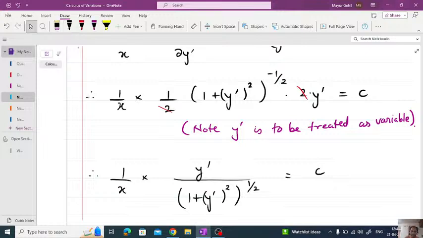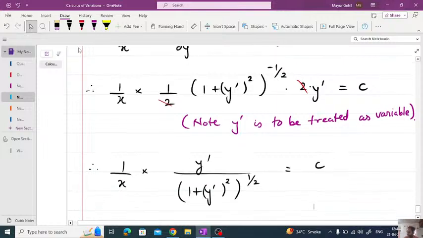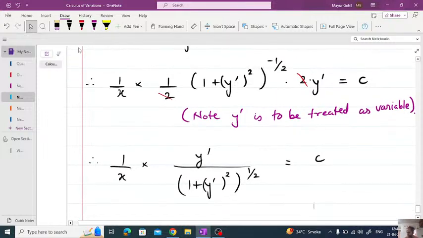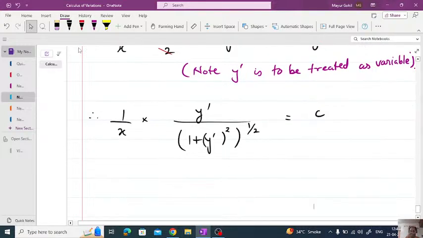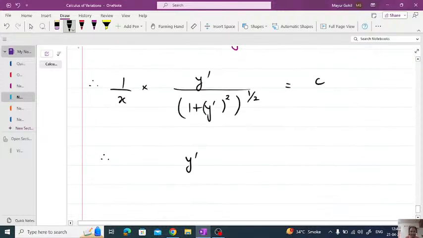Now again, when I try to simplify this, it is going to be slightly different. So let me help you out on how to handle this. We have y dash over here, c x, and 1 plus y dash square with power half.